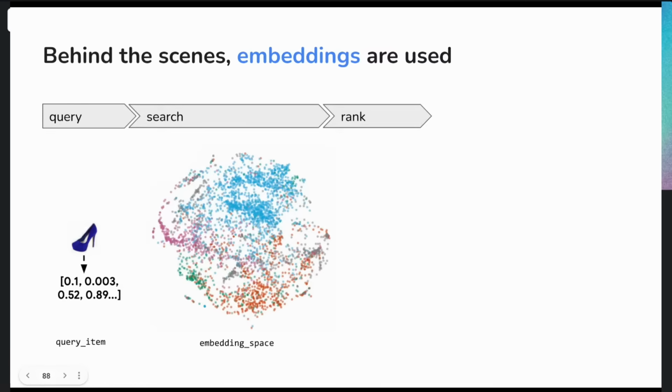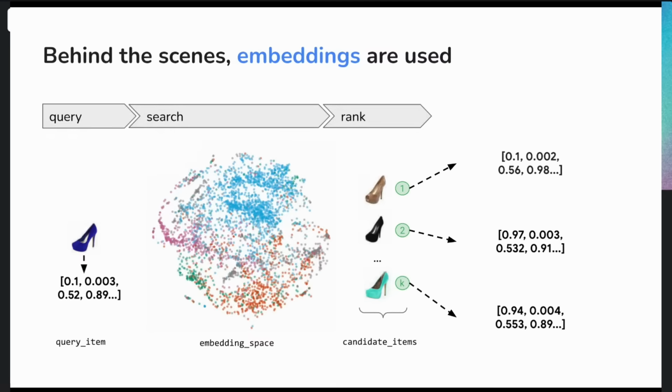Then we have this embedding space, which contains all the embeddings. When I do the query, I want to search this embedding space for the things closest to what I want to query, and then rank the closest ones. That is basically the basis of semantic search.